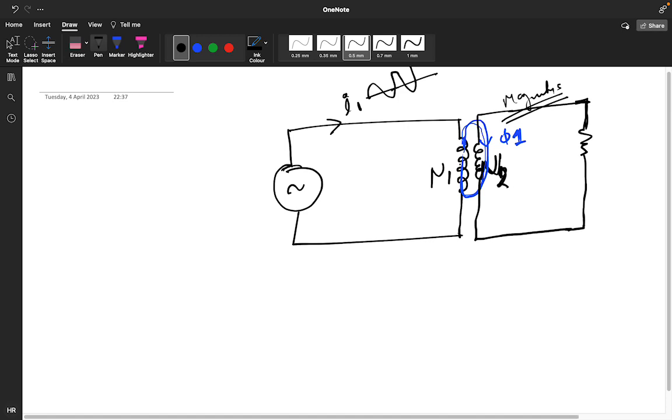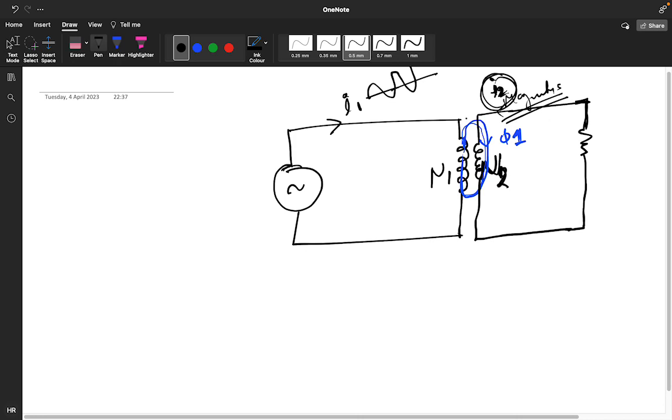So because of this flux, an induced current I2 will develop, and because of this I2 current, another flux will develop.